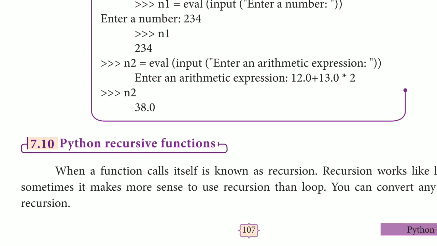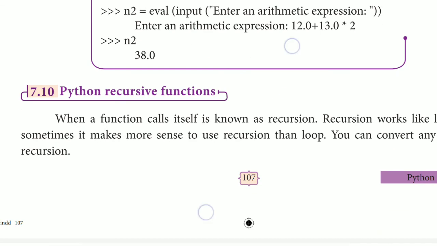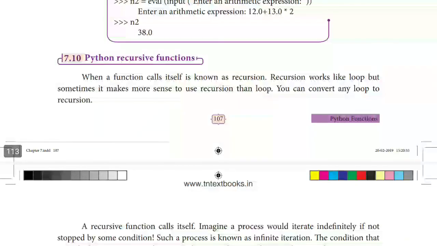The last thing is Python recursive function. A function which calls itself is known as recursion. Recursion works like a loop, but sometimes it makes more sense to use recursion than a loop.